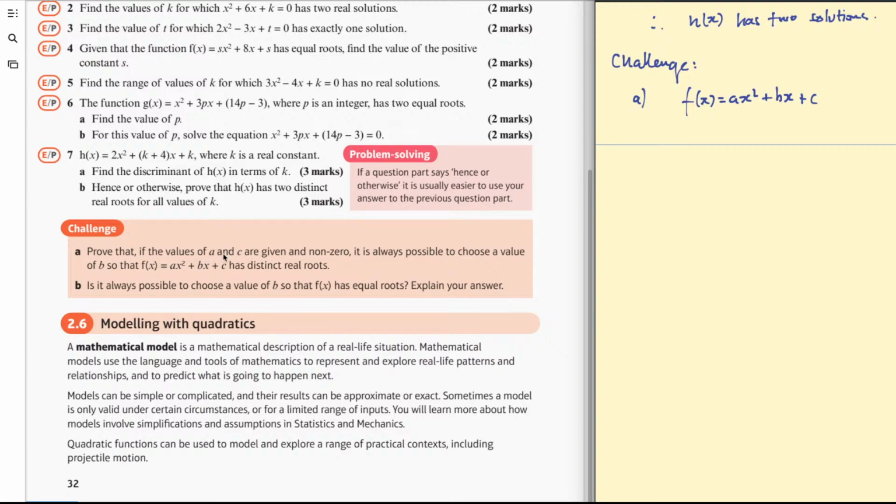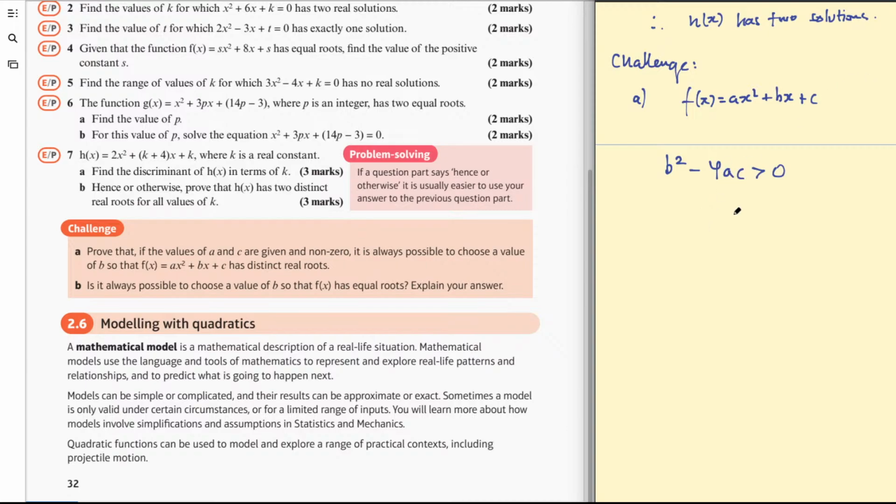So the challenge says, if we are given values of a and c, is it always possible to have a value of b so that the function has two solutions? So let's see. Remember, to have two solutions, the discriminant needs to be greater than 0. What are the two situations we need to consider here?